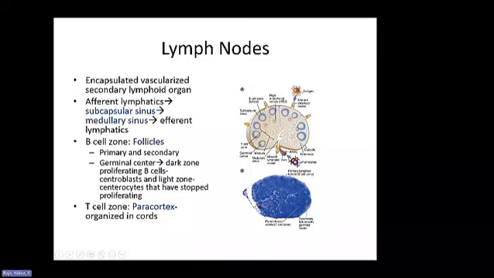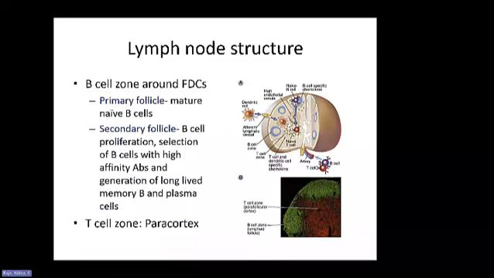So let's talk about these structures again. The B cell zone is formed around follicular dendritic cells. These follicular dendritic cells have nothing to do with the dendritic cells that we just talked about. Dendritic cells, which are the APCs or plasmacytoid cells, are coming from the bone marrow.